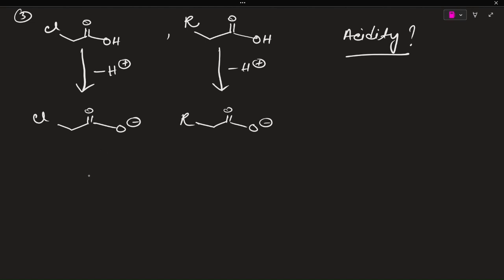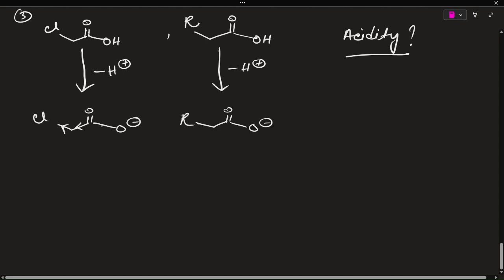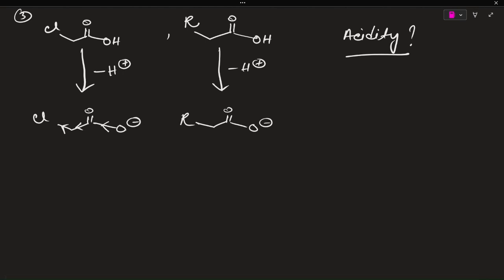From here we can see the chlorine atom is an electron withdrawing group that withdraws the negative charge on the oxygen atom. So here the minus charge on the oxygen atom is dispersed via the electron withdrawing group, that is chlorine. So this is more stable.